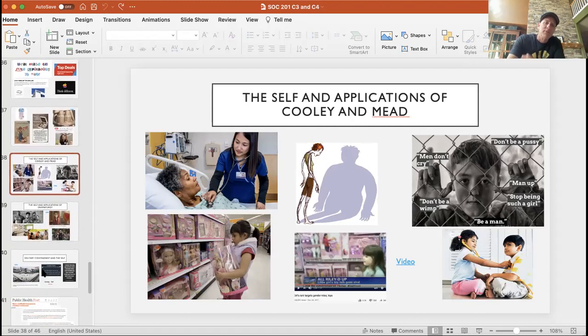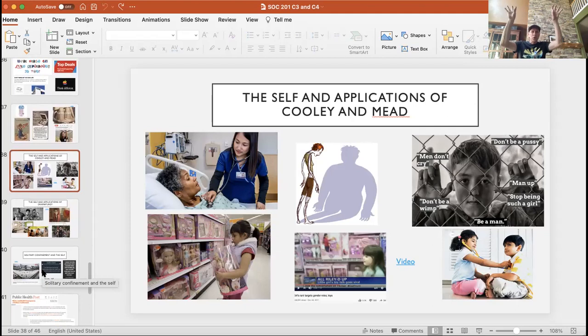Okay, so let's move in a little bit different direction. We kind of covered culture, language, social construction of reality. Now we can talk about the development of the self and different ideas about the development of self. So we have a couple different theories or perspectives about the self. We have Charles Cooley and George Herbert Mead.